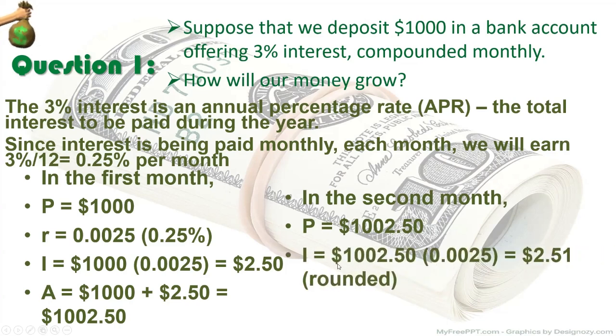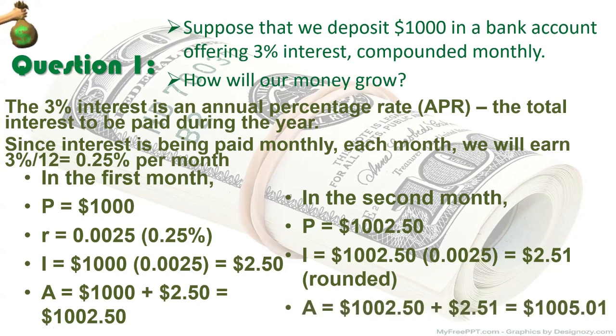So our interest now is our new principal times that monthly interest, which is 0.0025, as we found earlier. And now we have earned in interest, rounding it, $2.51. Notice how I round to cents. The nearest hundredth is what we call the cents.